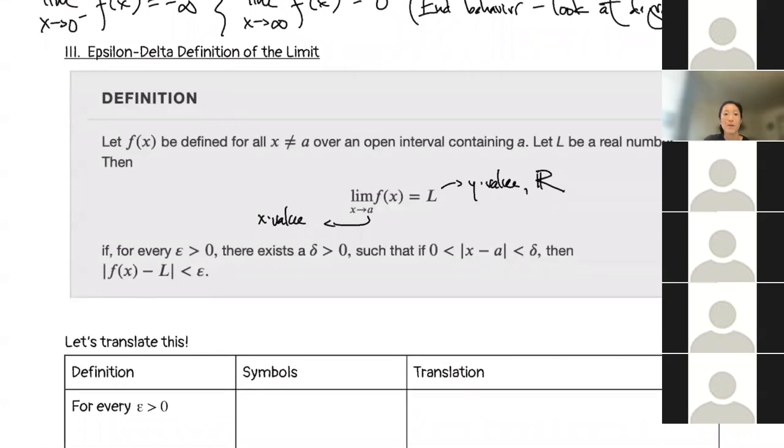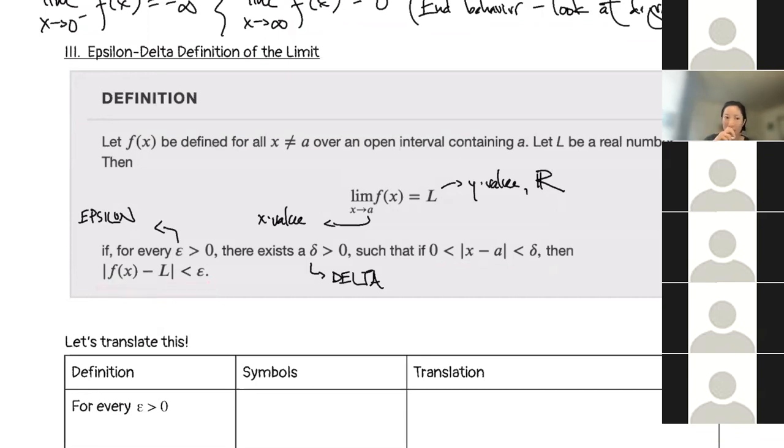So if for every epsilon greater than 0, there exists a delta greater than 0, such that 0 and delta sandwich the absolute value of x minus a, then the absolute value of f of x minus L is less than epsilon.